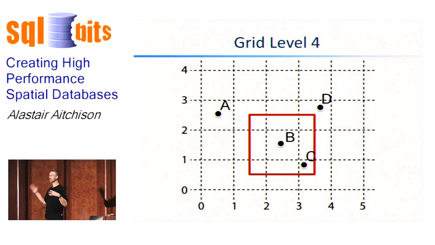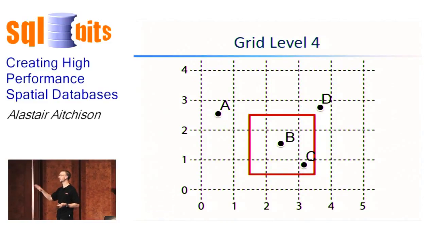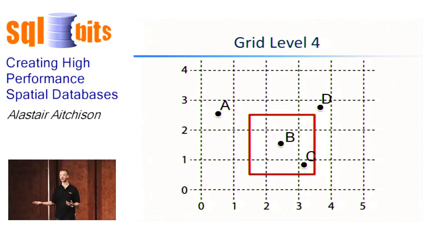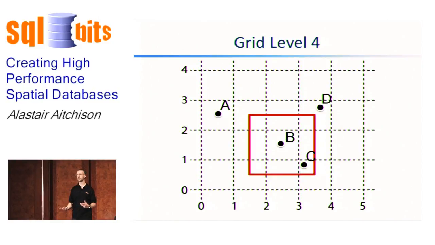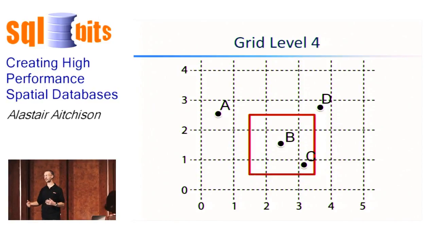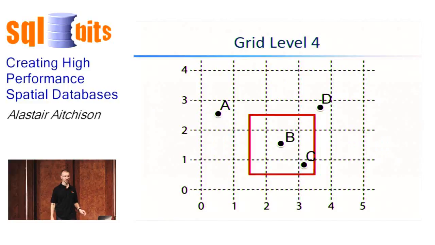Now, obviously, these are very basic examples, but this same sort of query is exactly the thing you'd write to find out how many crimes were there in this county, or which of these customers lies within this sales territory. These are all the same sorts of queries, and SQL Server uses the same sort of processing. But to try to really step it through simply, we're going to keep it as basic as we can.